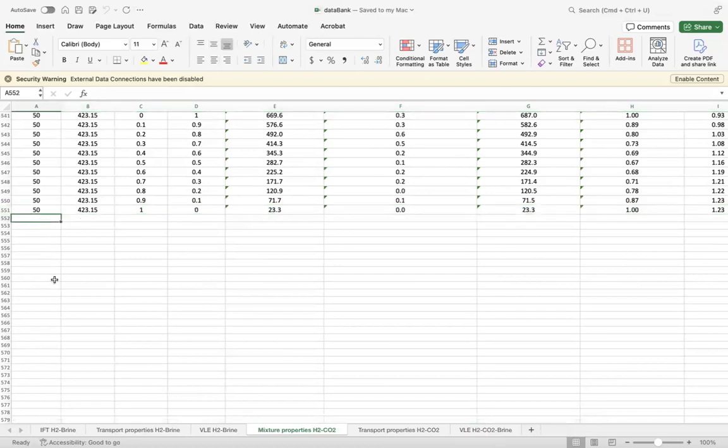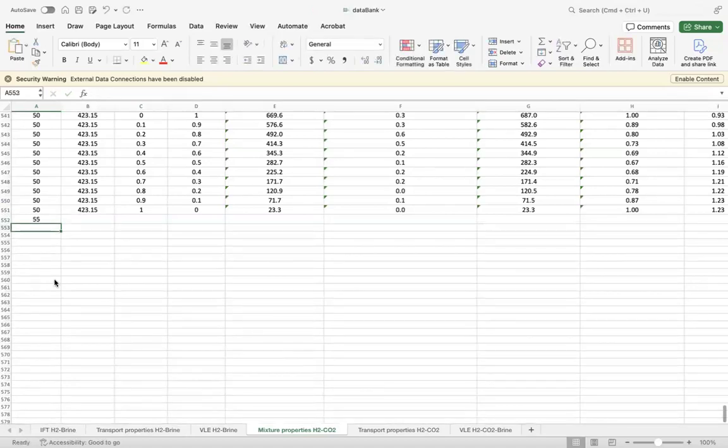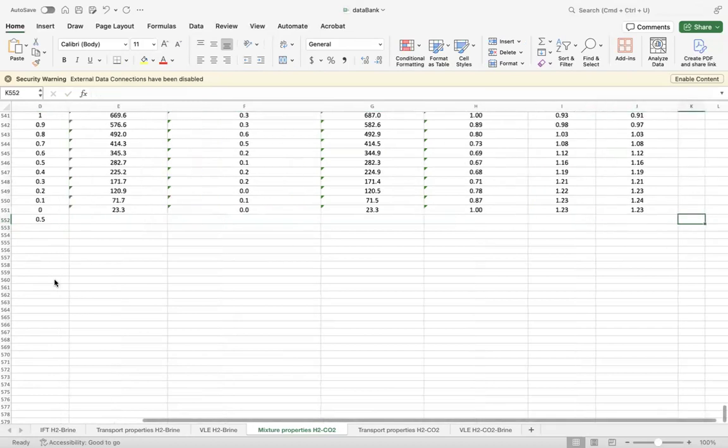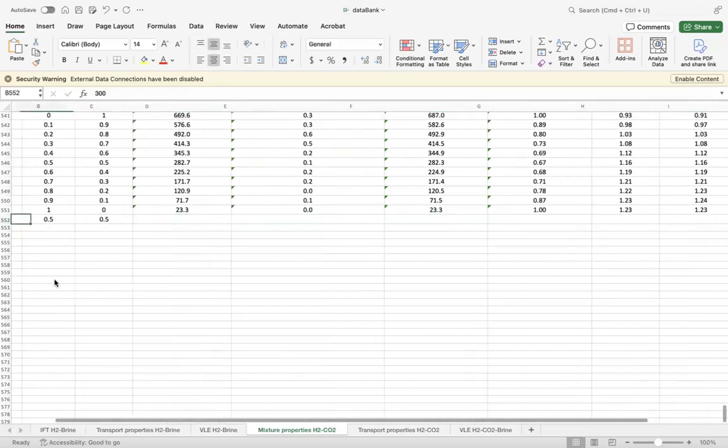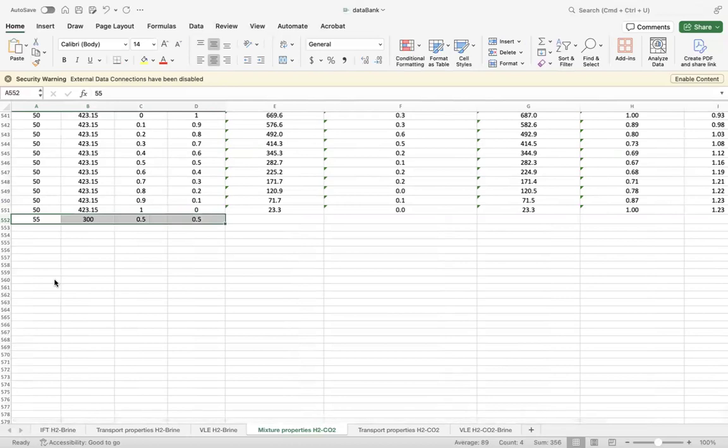So for example, you can perform a new simulation, or collect data from a new simulation at, say, 55 megapascals and around 300 Kelvin, for an equimolar mixture of hydrogen and carbon dioxide. And then you might be able to fill in all of these columns here. So that is the basic purpose of these video lectures.